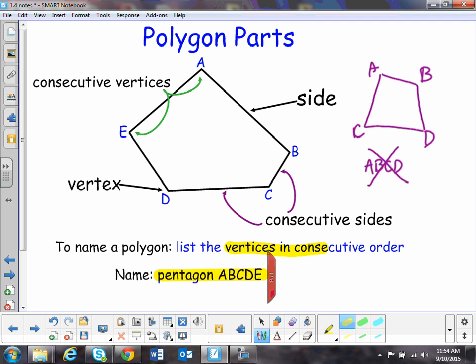Vertices need to be in consecutive order, not just the letters. You don't have to include the word hexagon to name it. You just have to put the points in order. You guys still copying that? The naming part especially.